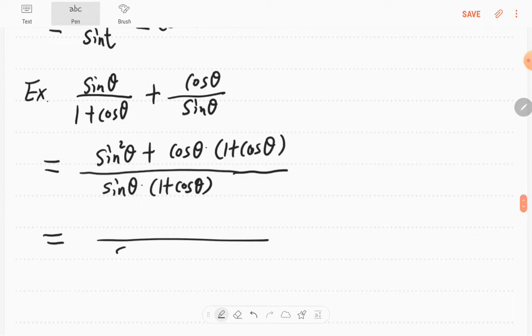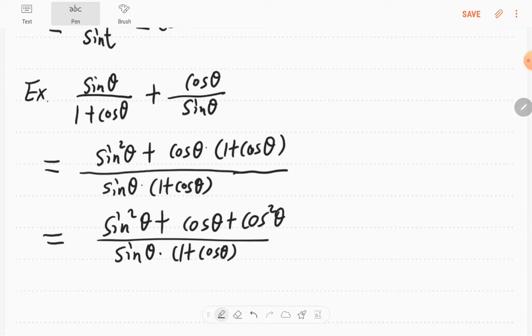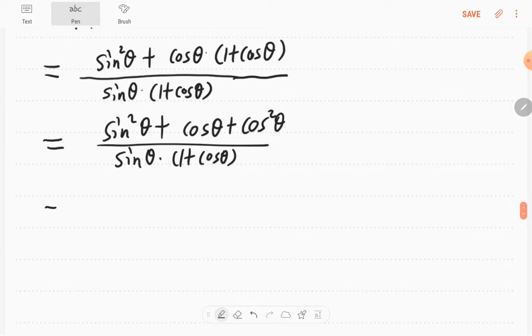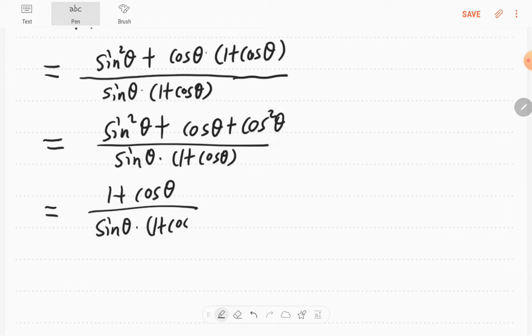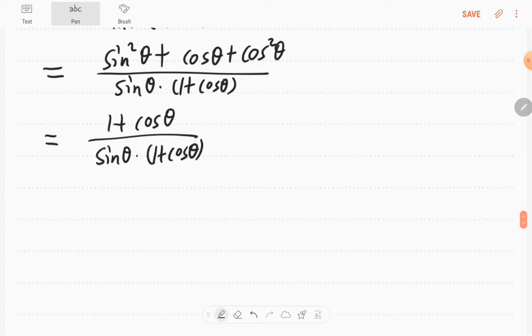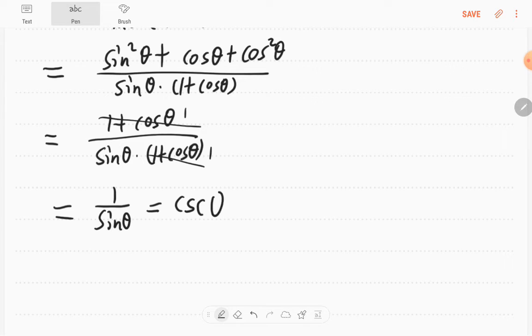So this is sine theta times 1 plus cosine theta, sine squared plus cosine theta plus cosine squared. So we know sine squared plus cosine squared equals 1, so it's 1 plus cosine theta over sine theta times 1 plus cosine theta. And this you can eliminate, it becomes 1, so it's 1 over sine theta, right? Which is cosecant theta.